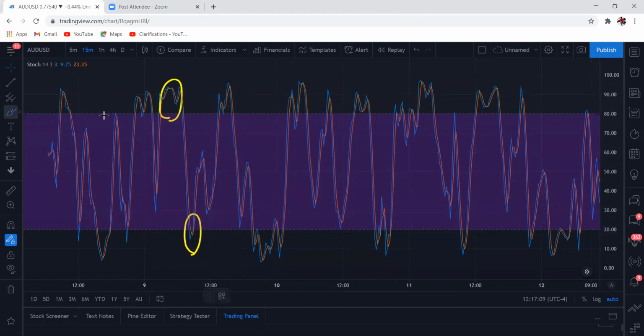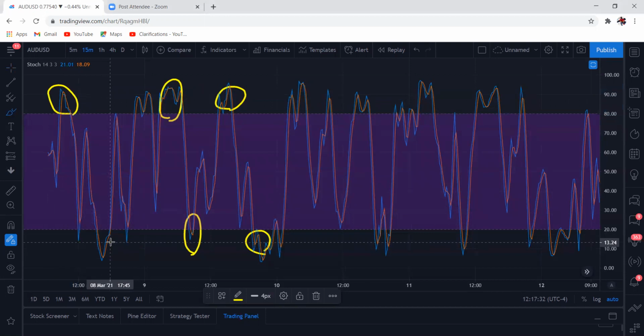But because it happens so rapidly, you've got to be careful when buying and selling at these overbought and oversold territories. To me, these are actually not when you want to buy and sell, believe it or not. This goes against popular opinion, because this is why the indicator is used. It's kind of like the RSI: when it reaches these overbought, oversold areas, you're looking to buy and sell.